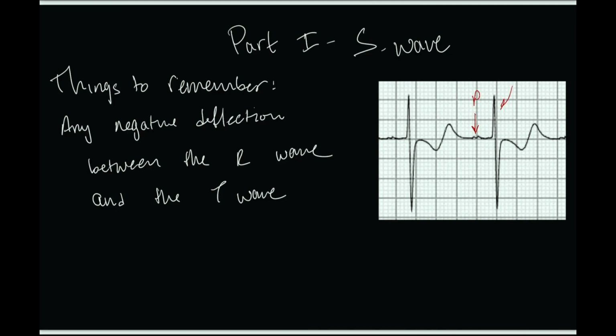We have the positive deflection, which is our R wave. And then here's our T wave, although it may look a little strange to us right now. And we see that we have this negative deflection in between that R and the T wave, making this the S wave. Very cool.